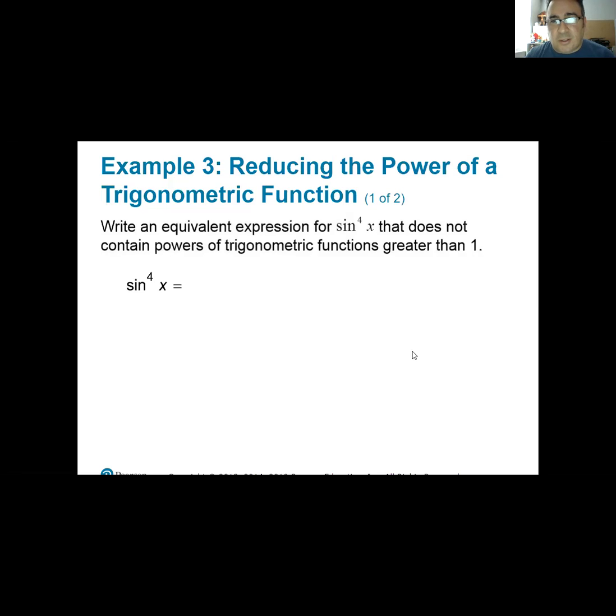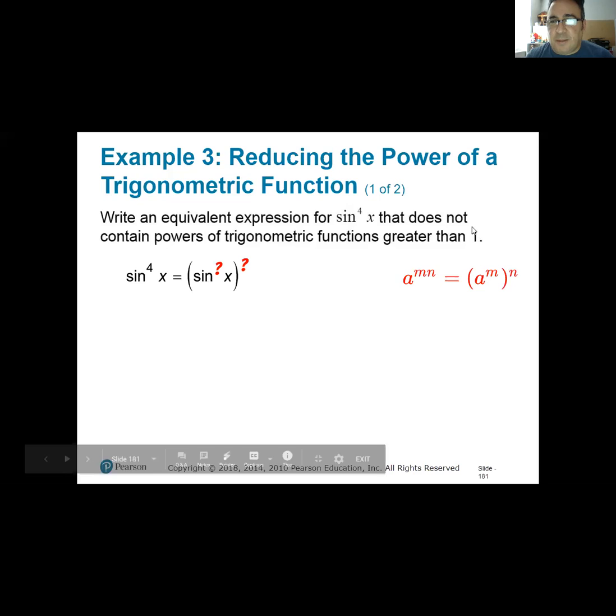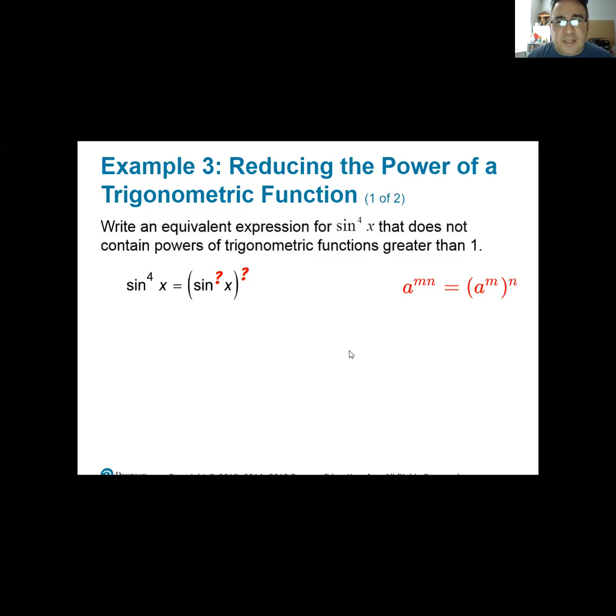If I have a thing that's multiplied together, I can split up the powers. Everybody see that? So the question is, what can I split that into if it's a 4? 2 and 2. 2 and 2, very good, Anthony. I can split it up into 2 and 2.